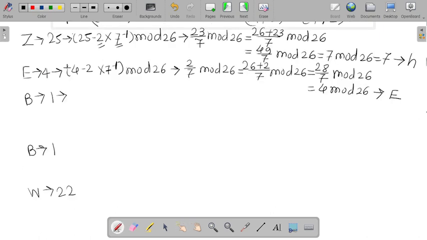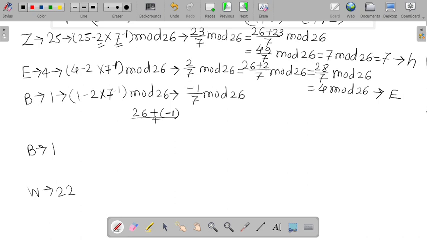Now let's calculate it for B, which is equal to 1. We put the values into the formula, that is 1 minus 2 into 7 inverse mod 26. Then we get minus 1 divided by 7 mod 26. Adding 26 plus minus 1, we get 25, and 25 is again not divisible by 7.